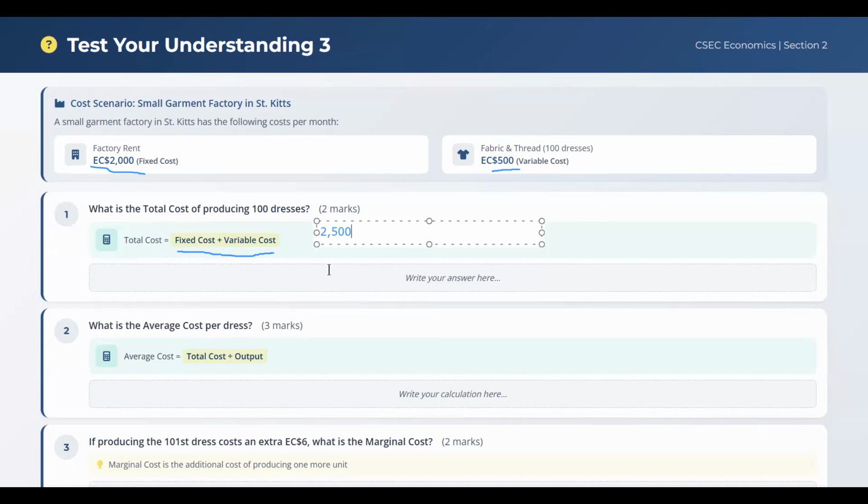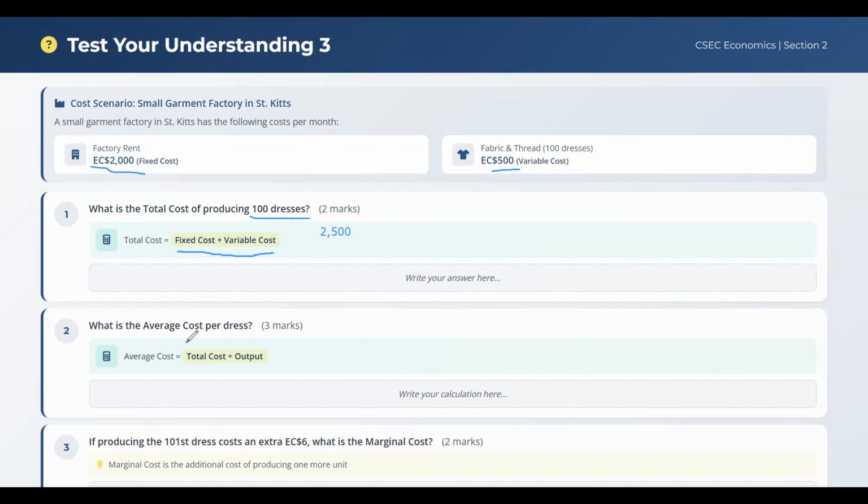Are you good there so far? Yes, sir. And now they want to know what is average cost. The average cost is a cost per unit. If it costs 2,500 to produce 100 dresses, then we need to know the average cost, which is to produce one dress.